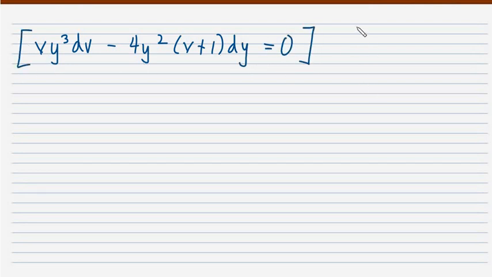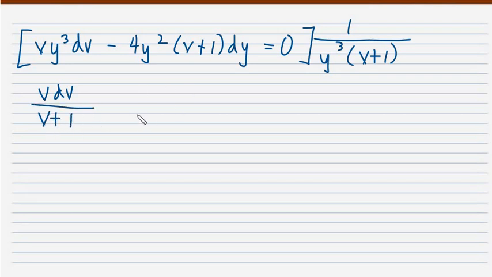So variable separable again, we can divide by y cubed times (v plus 1), and we will arrive at the equation v differential v over v plus 1 minus 4 dy over y is equal to 0. So this term can be integrated using a logarithm formula, and for this one we will apply a technique.